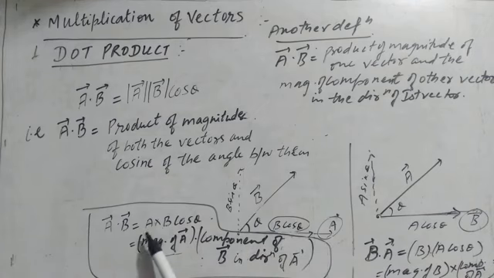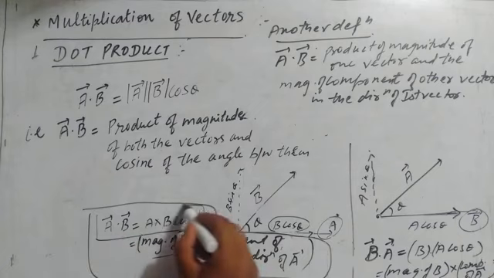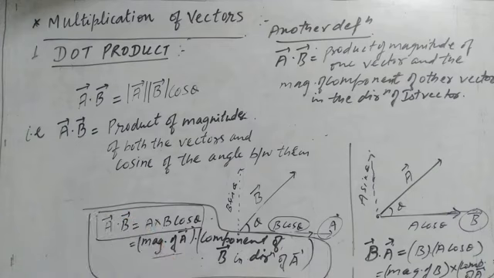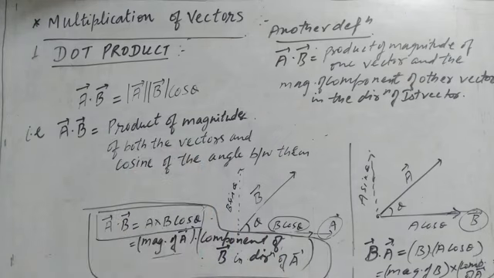So the product becomes A into B cos theta. This method of finding the product of two vectors is called dot product. We will finally find out that the product is in the form of a scalar quantity, so it is called scalar product.